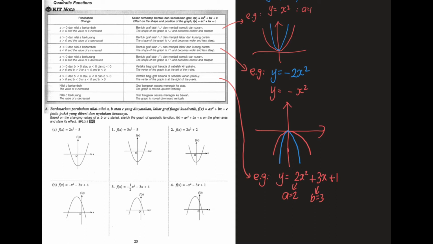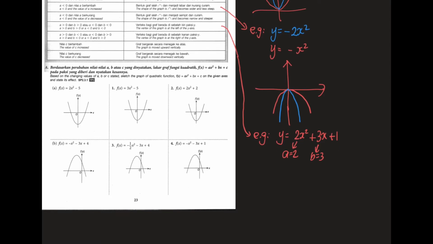A is greater than 0. Oh, okay, the arrow should not be this, it should be this one. So you can see this condition again: a is greater than 0, b is greater than 0. Then they said the vertex of the graph is at the left of the y-axis. So you see how we find the vertex.